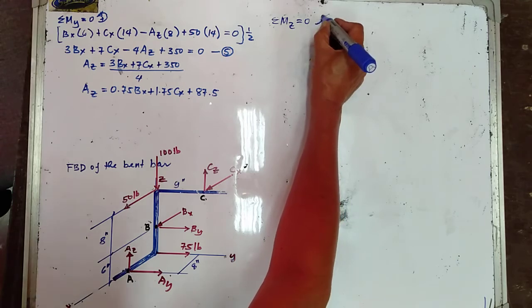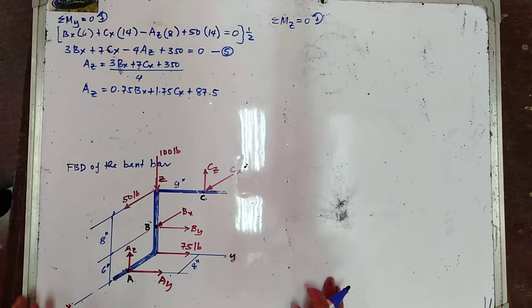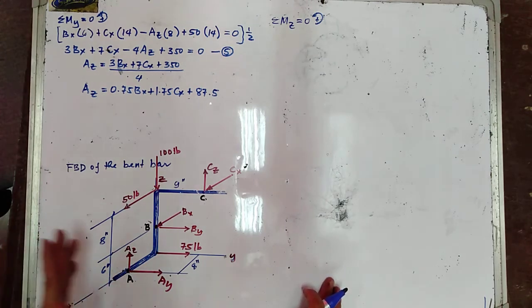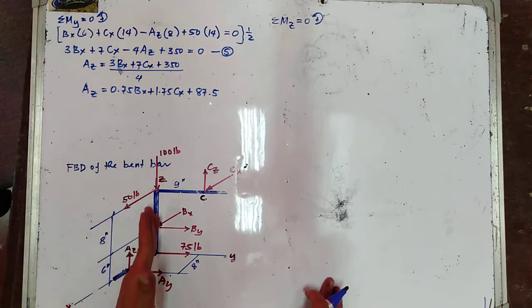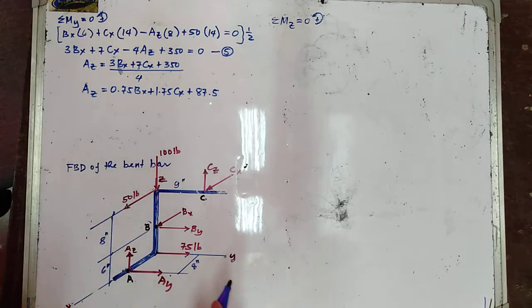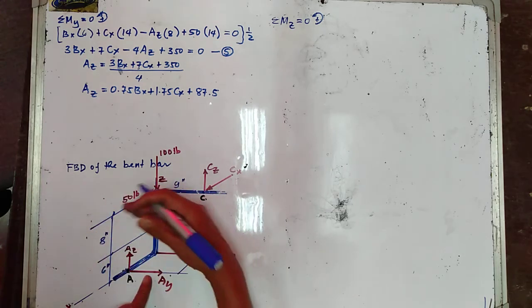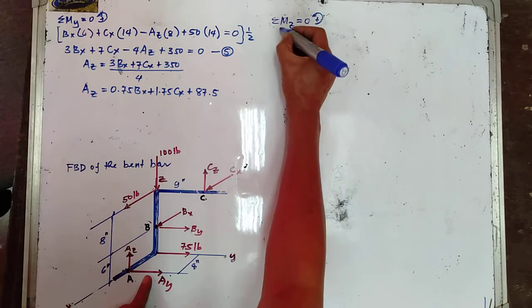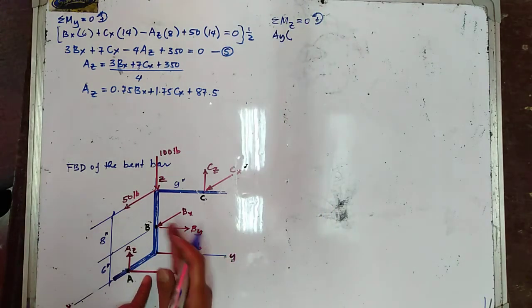Then we have counterclockwise moment positive. All forces parallel to the z-axis has no moment, and all forces intersecting the z-axis also has no moment. So this is your z-axis. So your AY about the z is going counterclockwise. So we now have AY, the moment arm is 8.